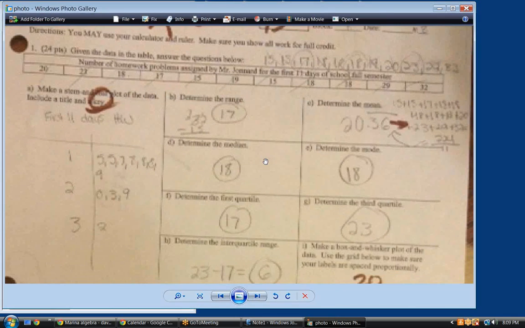Okay, so it looks like you know how to make a stem plot. What's this brown circle here? I'm having a hard time reading that. Including a title, and what does that say? A key. I forgot to put a key, so he just circled it.